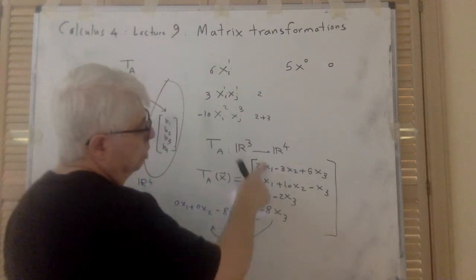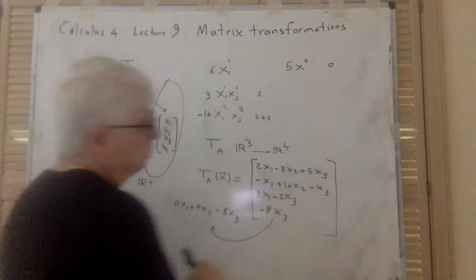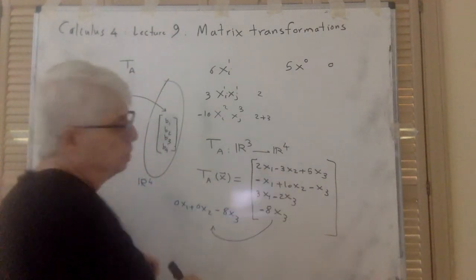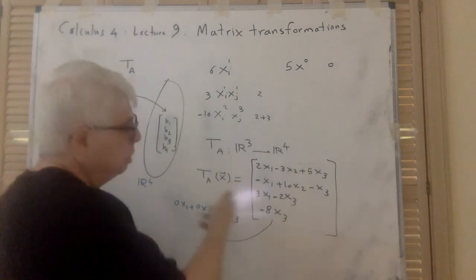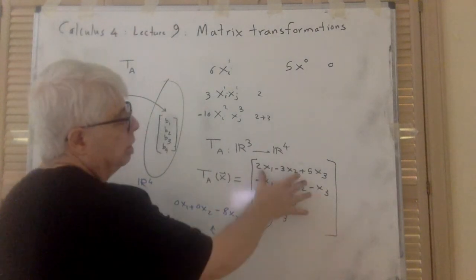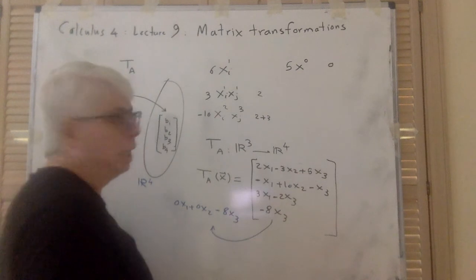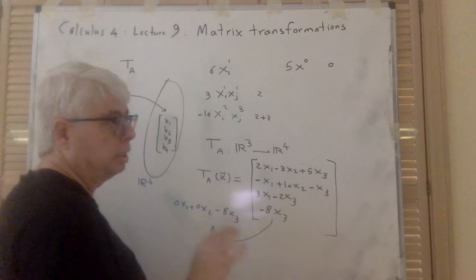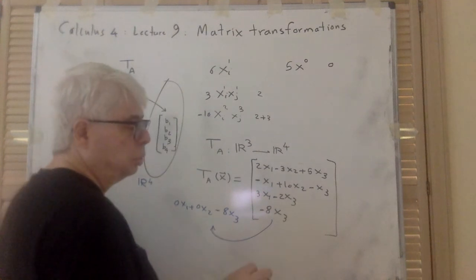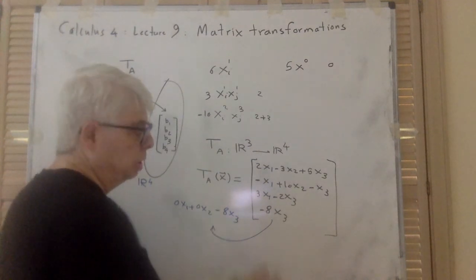So every row of this thing, or every entry of the image of this x, includes the xi's with degree 1. Exactly degree 1. No degree 2, 3, blah, blah, and no degree 0. Degree 0 means just a constant.